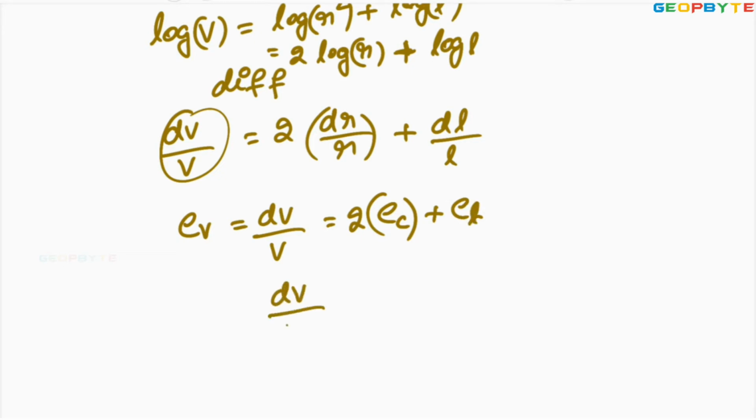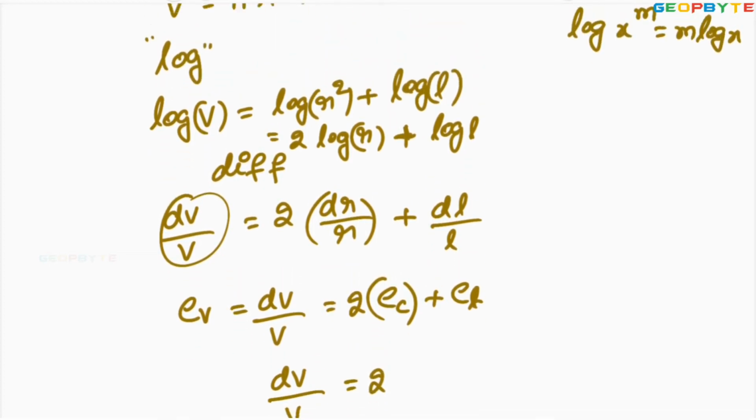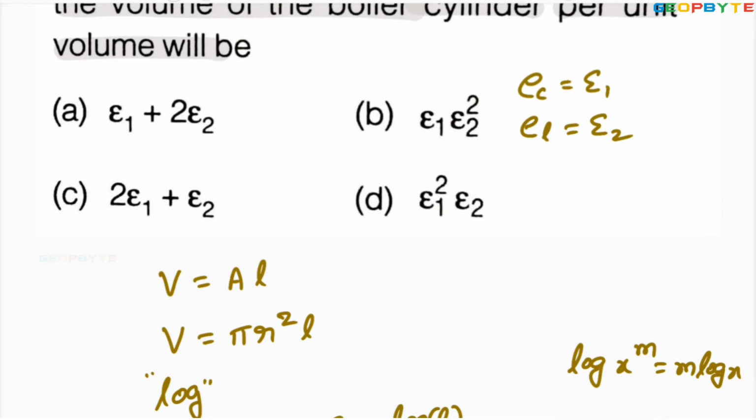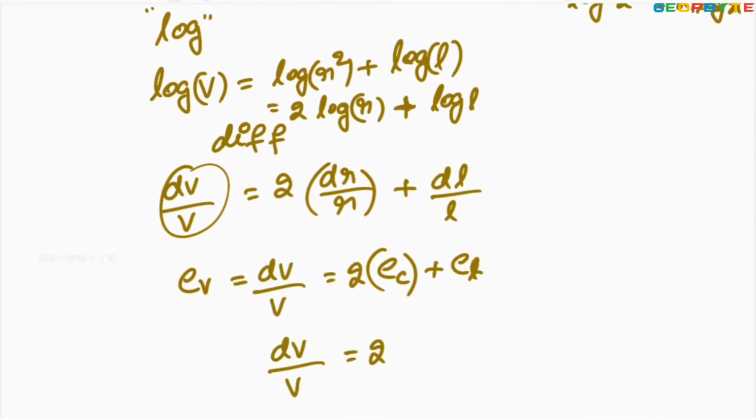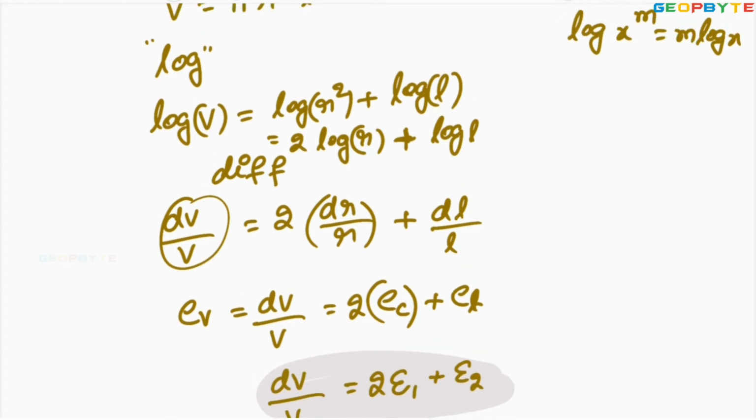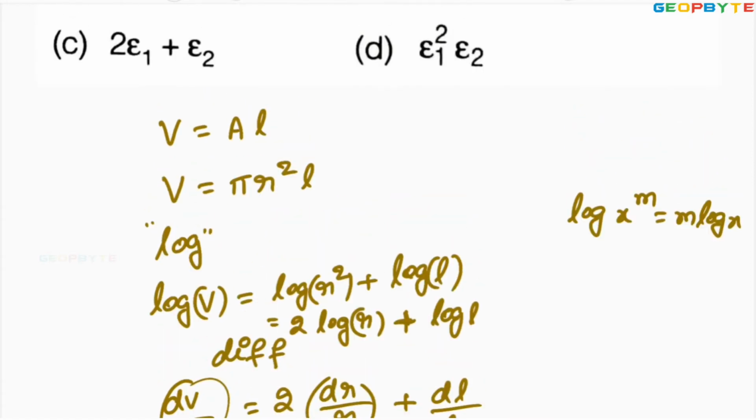Therefore, change in volume by original volume is equal to 2 times the circumferential strain, given as epsilon 1, so 2 epsilon 1, plus longitudinal strain, given as epsilon 2. So this is the answer. Anyhow, the change in volume per unit volume is 2 times the circumferential strain plus longitudinal strain: 2 epsilon 1 plus epsilon 2.